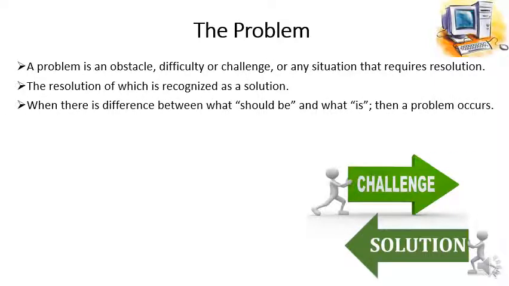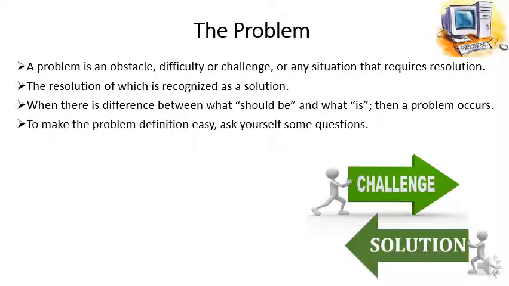When there is a difference between what should be and what is, then a problem occurs. Of course, whenever we say that this thing should be like this, but it is not like that, it means that we are actually defining a problem.